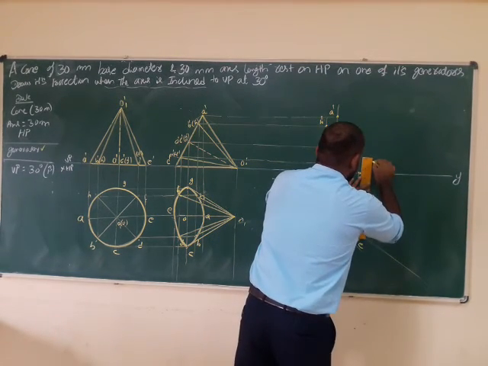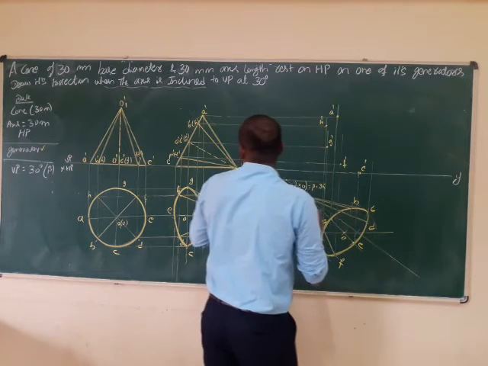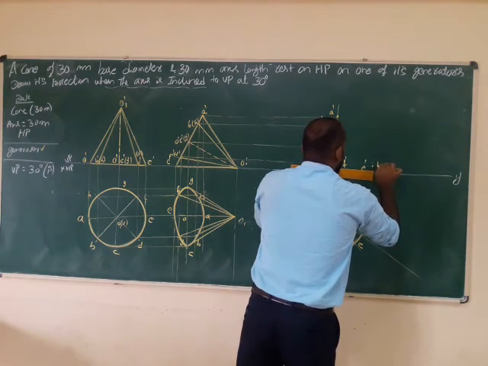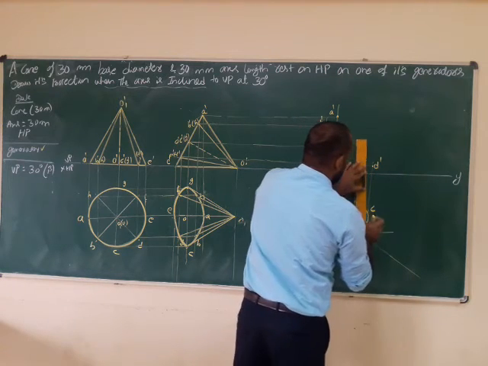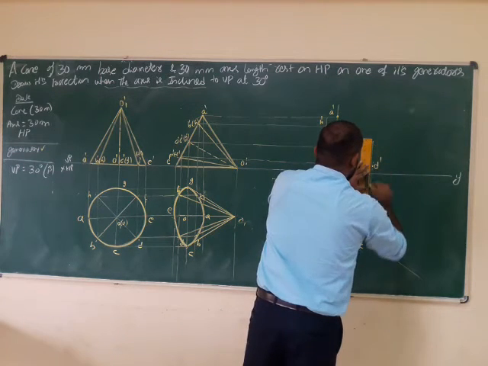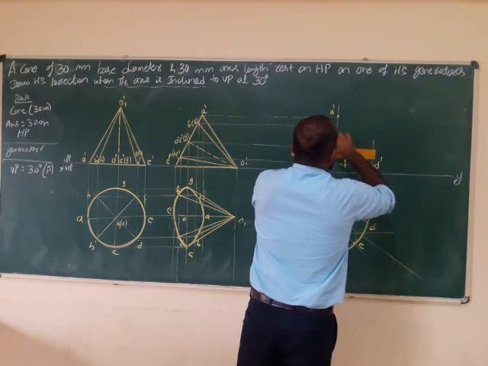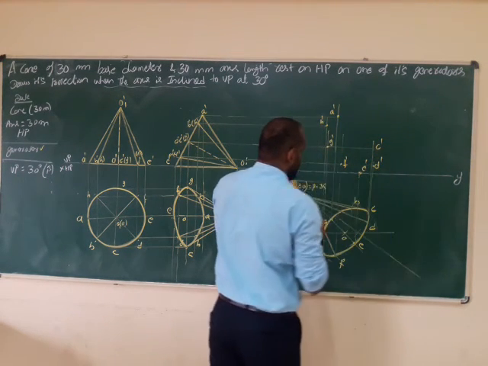Next to D, same D need to project F, you will get a D dash. Next to C, so C need to project G line, that is called C dash.